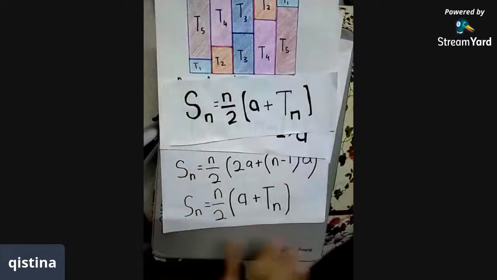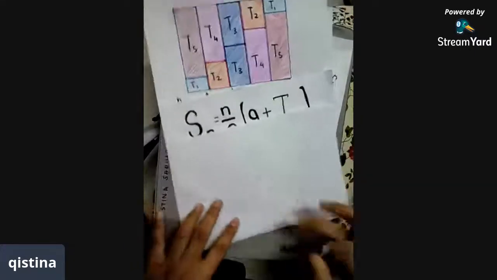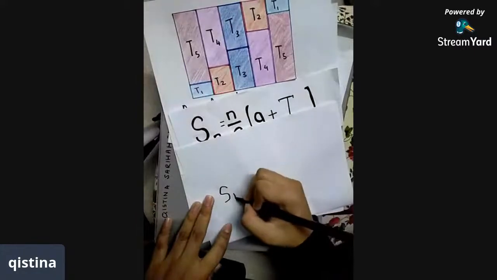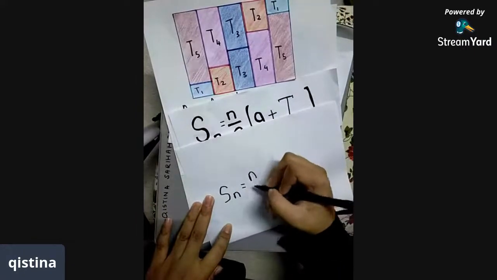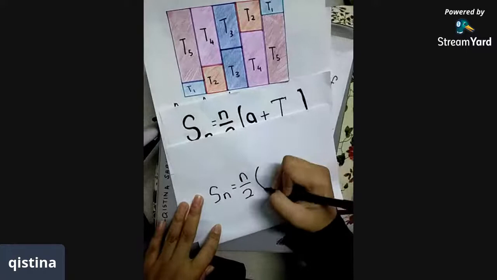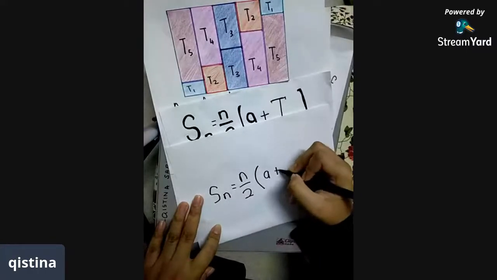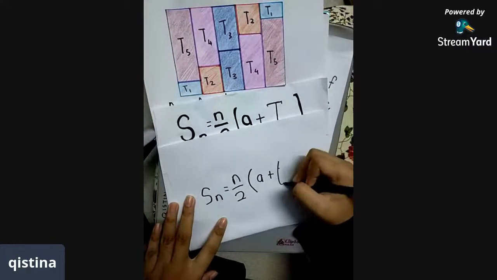We can also write the formula as Sn equals n over 2 times the first term plus the last term.